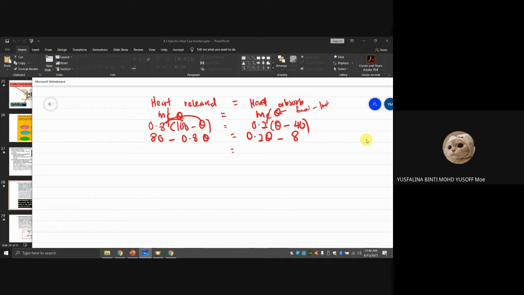So this one I change 0.2 theta plus 0.8 theta. This one 80 plus 8. So this one I got 1 theta equals 88. So theta is 88 degrees Celsius. Okay, correct.